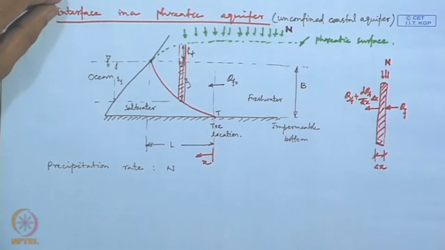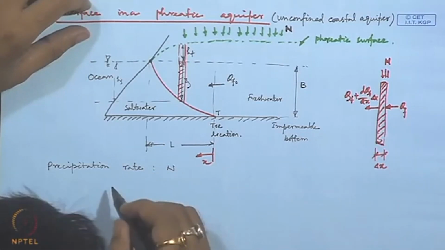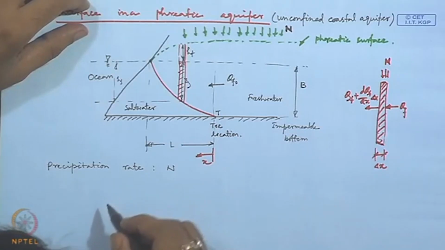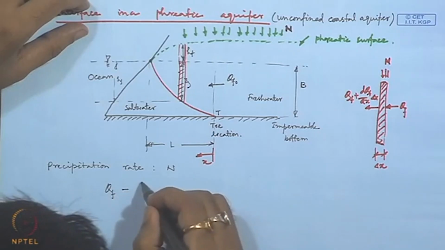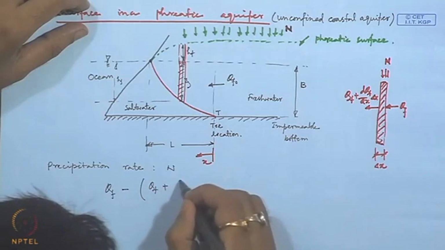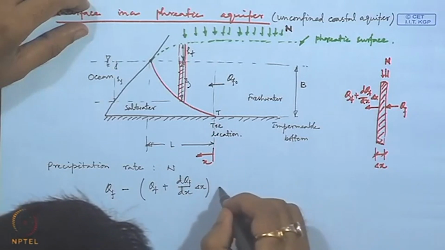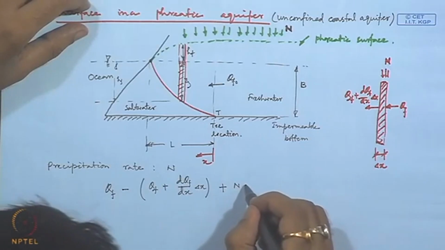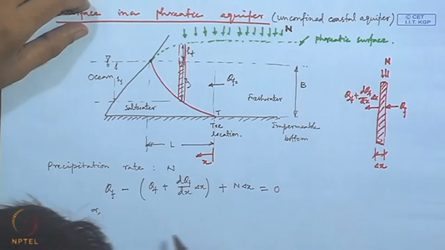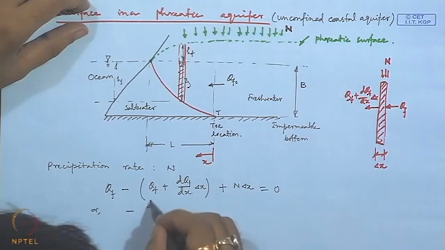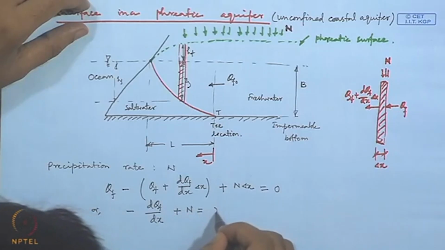So, if we do mass balance for this particular configuration, then we will see that QF minus (QF plus dQF by dx into delta x) plus we have n into delta x equals to 0, or we have situation where dQf by dx is n or 0.